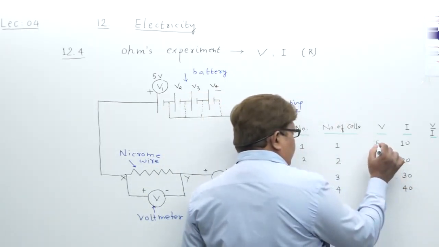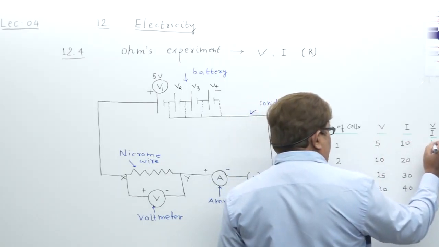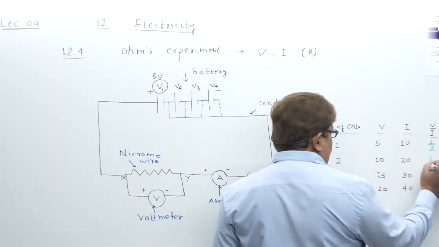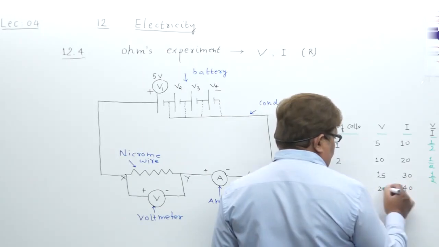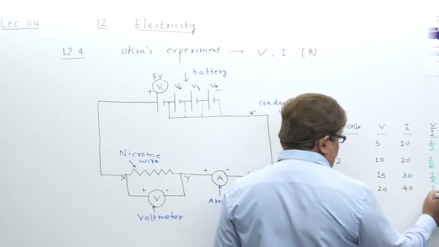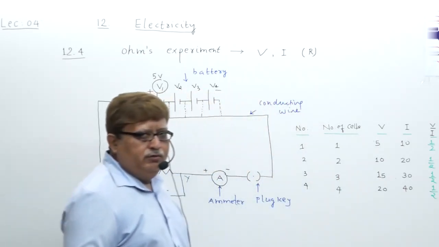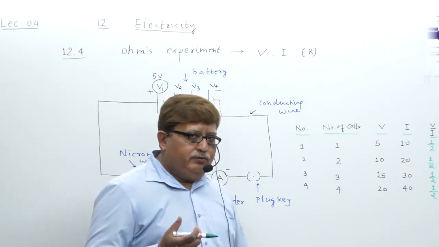Suppose V upon I, 5 upon 10 turns out to be 1 upon 2, 10 upon 20, 1 upon 2, 15 upon 30, 1 upon 2, 20 upon 40, 1 upon 2. That means what, my dear student? Try to remind 8th standard.